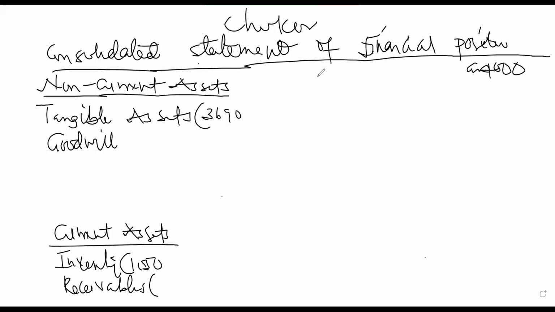The receivables is how much? 750. Hey, the receivables is 570. Okay, 570. Then we have bank. Bank to be 270. Then we have equity and liabilities.